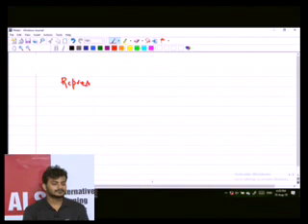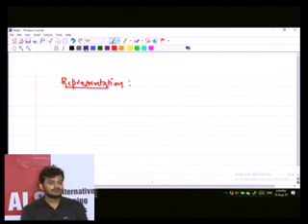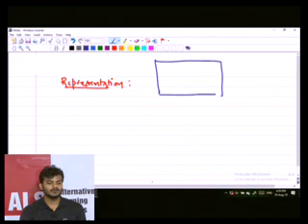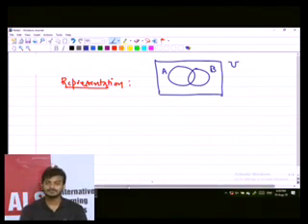To represent any set in a Venn diagram, let me tell you first of all what the shape is. This is the kind of structure we will be following. There will be some sets. Let's say this is A, this is B, and this is the universal set, that is U.